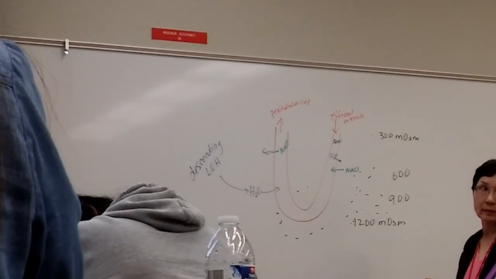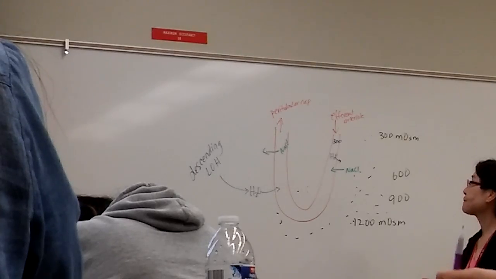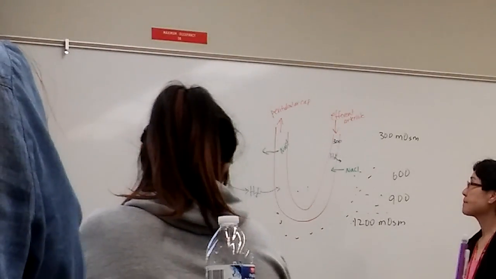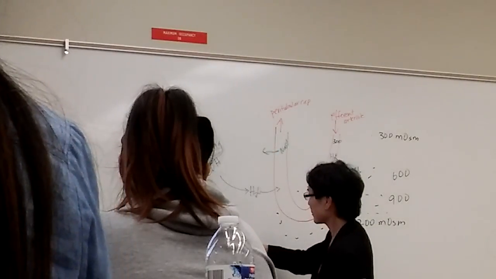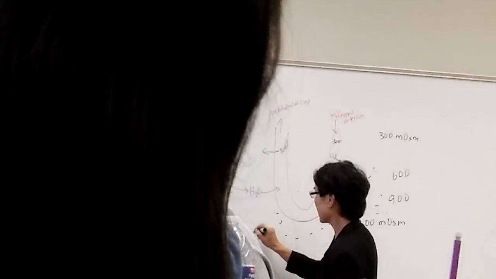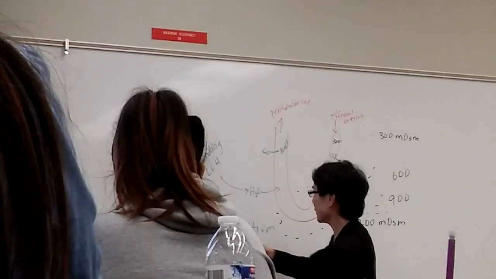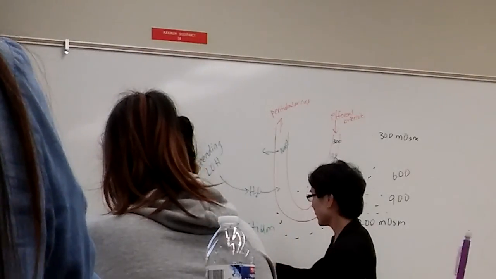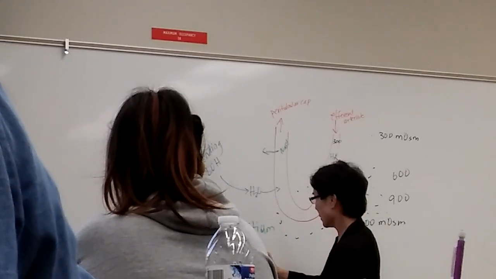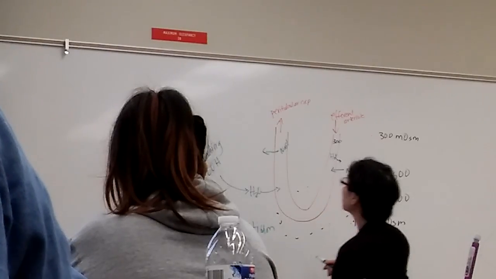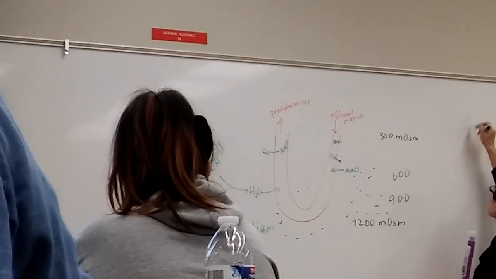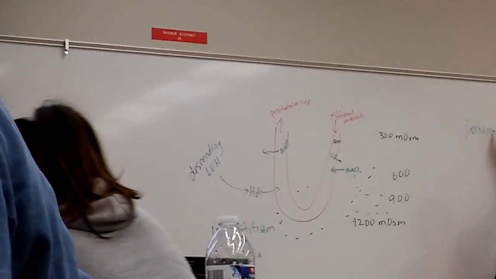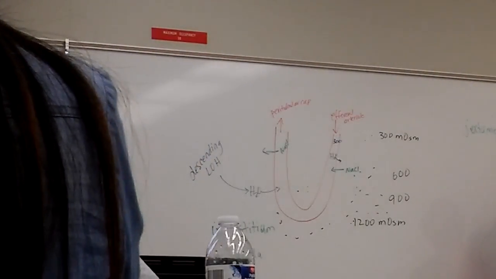So are we okay with that? Okay? No, the salt's going to go into the interstitium, which is the tissue of the medulla. Interstitium of the medulla layer. So remember, these are just your medullary nephrons.